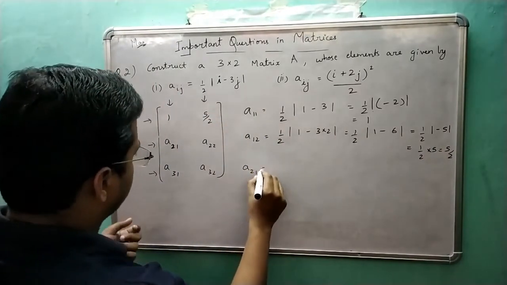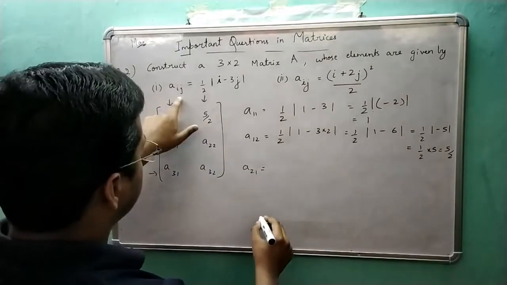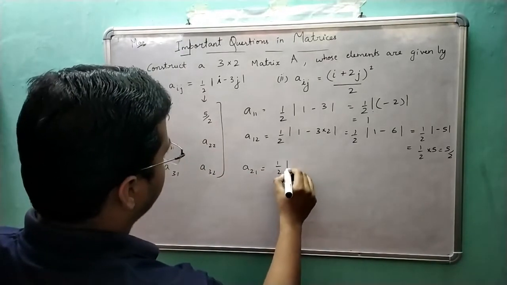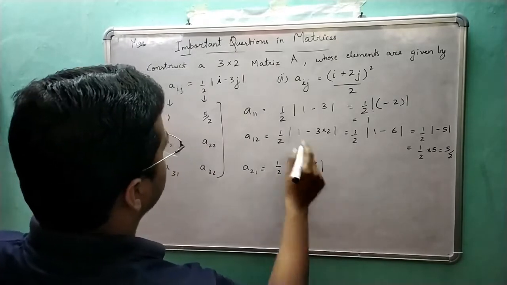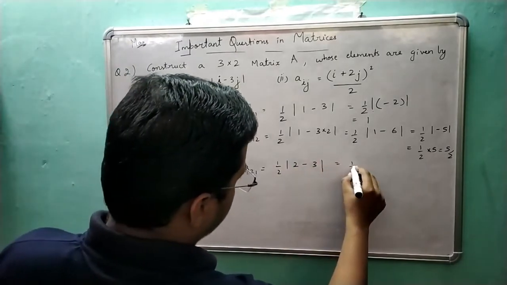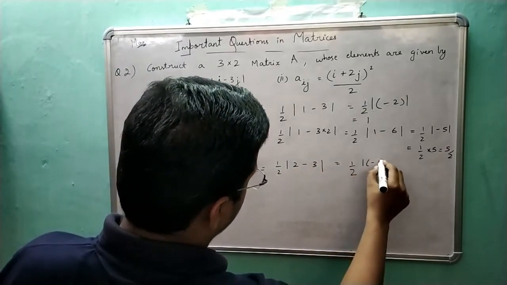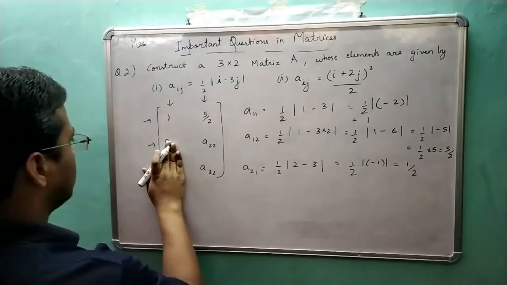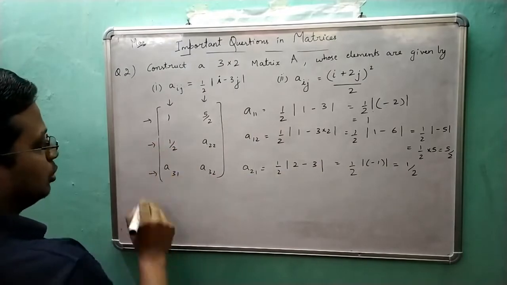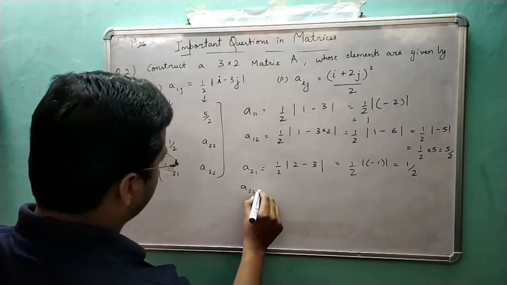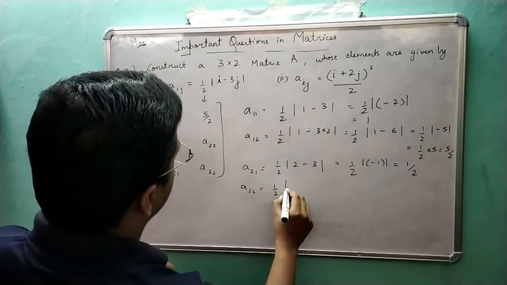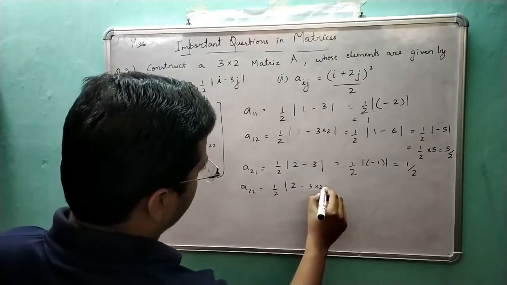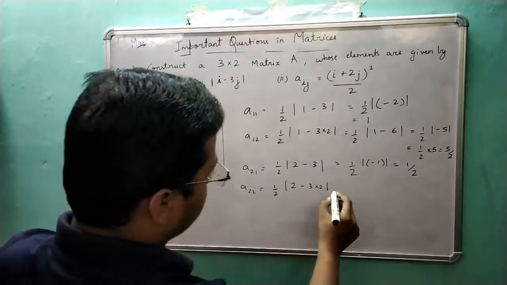Similarly, A21: i is 2, j is 1. Half of mod of 2 minus 3, since j is 1. So this is half of mod of minus 1, which is 1 by 2. So A21 is 1 by 2. A22 will be half of mod of 2 minus 3 into 2, since i is 2, j is 2.